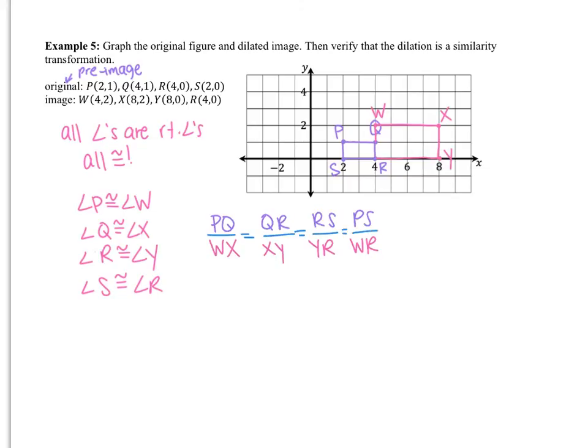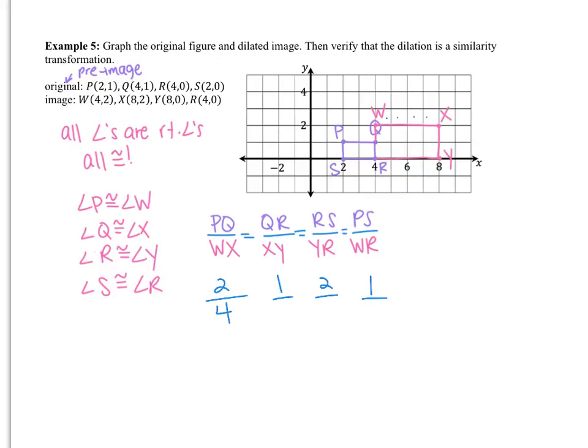But guess what's so nice about this? We can count. PS is 1. So is QR. And PQ is 2. And RS is also 2. We can count. And then WX I can see is 1, 2, 3, 4.